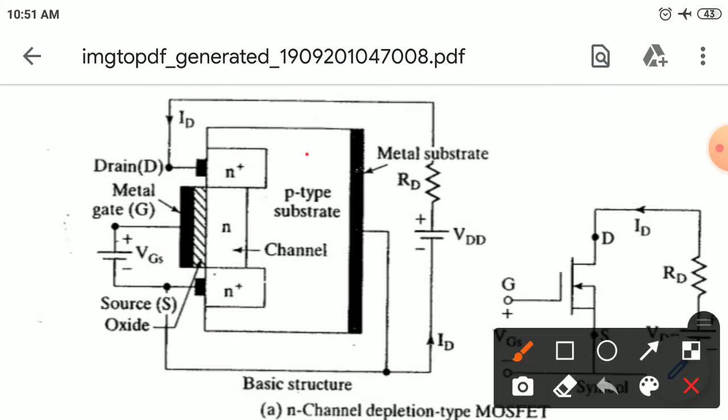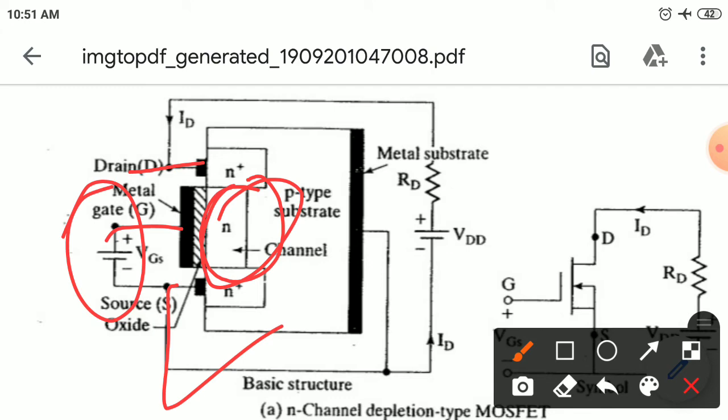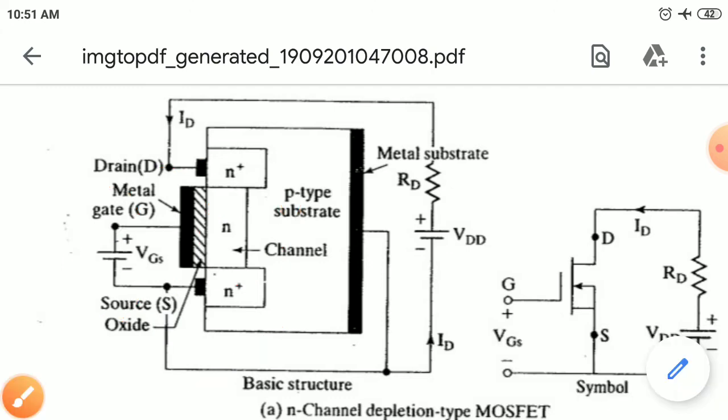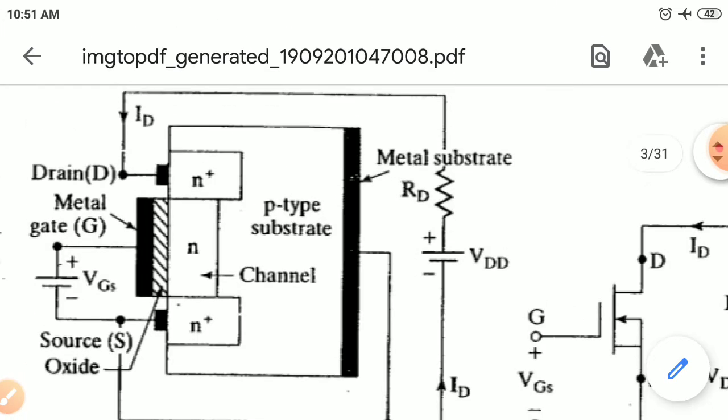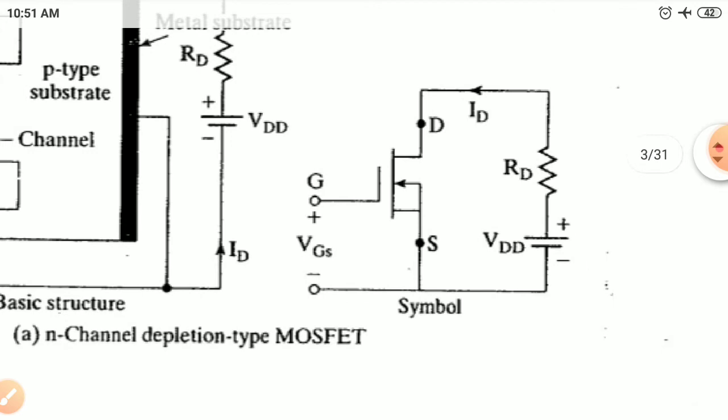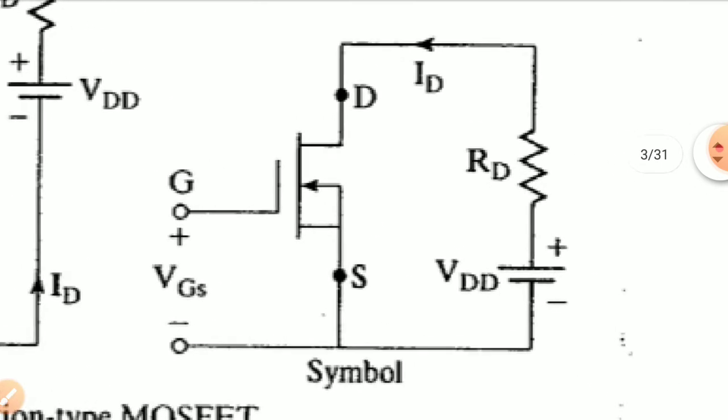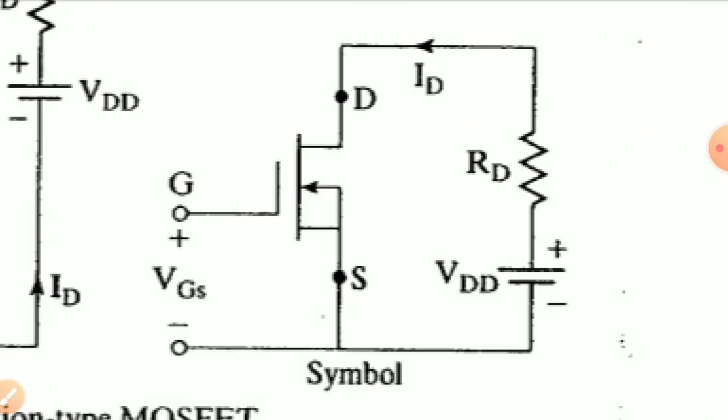Okay, so this is the constructional view of your n channel depletion type MOSFET. It is a p type substrate with heavily doped n type regions. There is an oxide layer. When VGS is negative, the channel will be narrow. When VGS is positive, the channel will be wider. Three terminals: drain, gate, source.